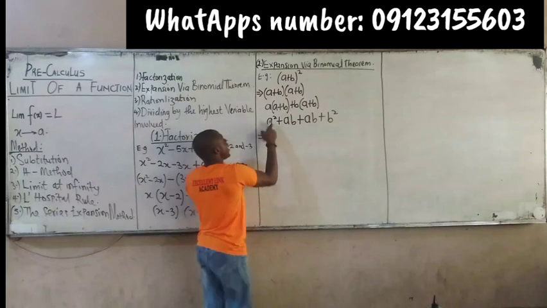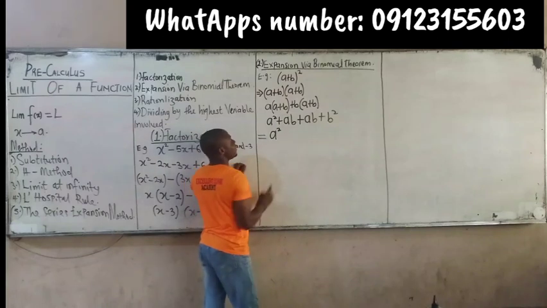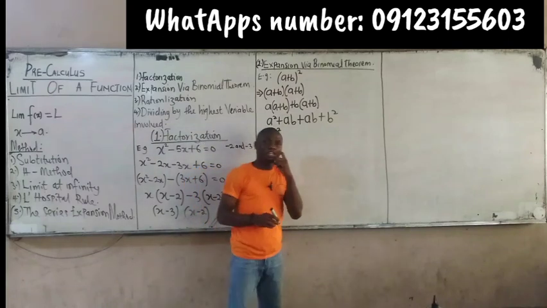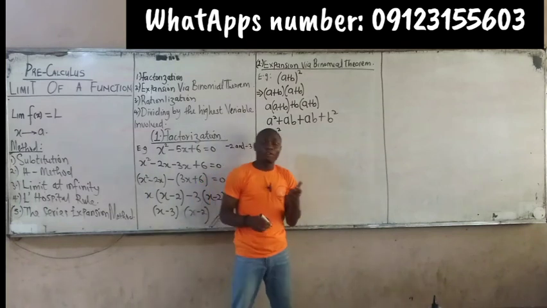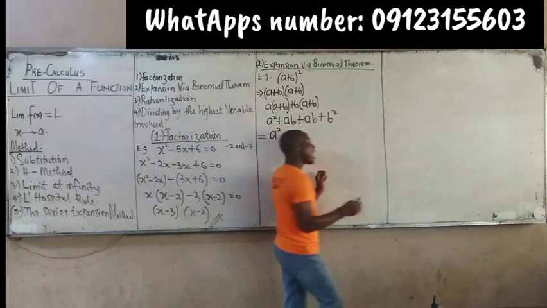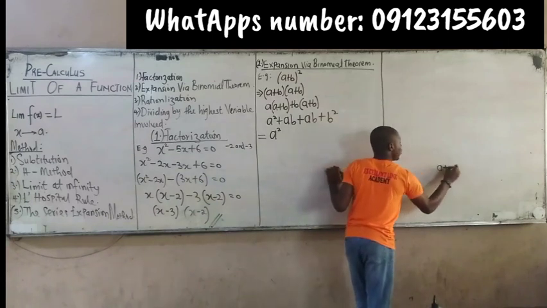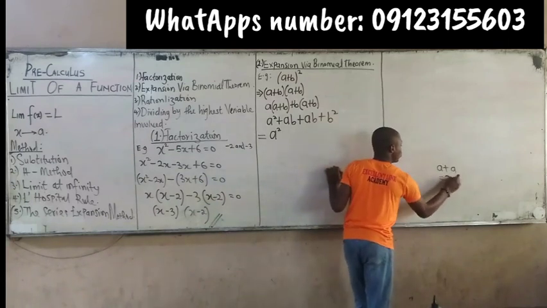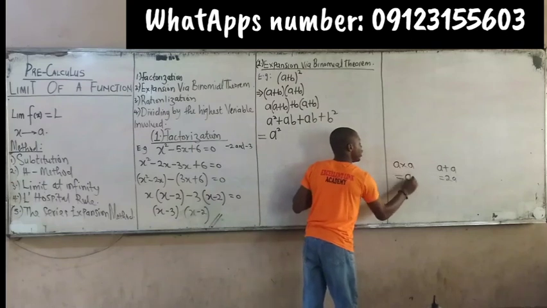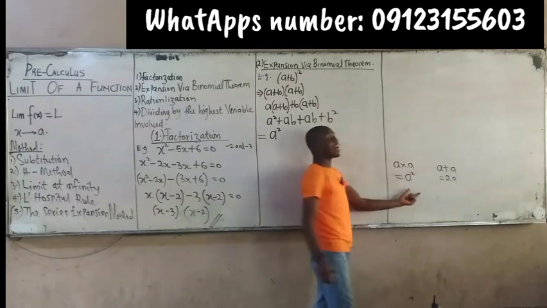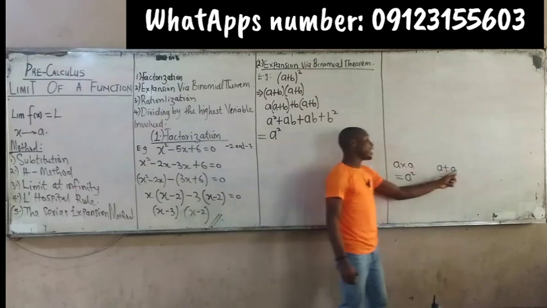I will have A squared, obviously, from the concept of indices, or from the concept of addition. If I have A plus A, I'll have 2A. But if I have A times A, I'll have A squared. Please observe this thing, please. A plus A is never A squared, please.